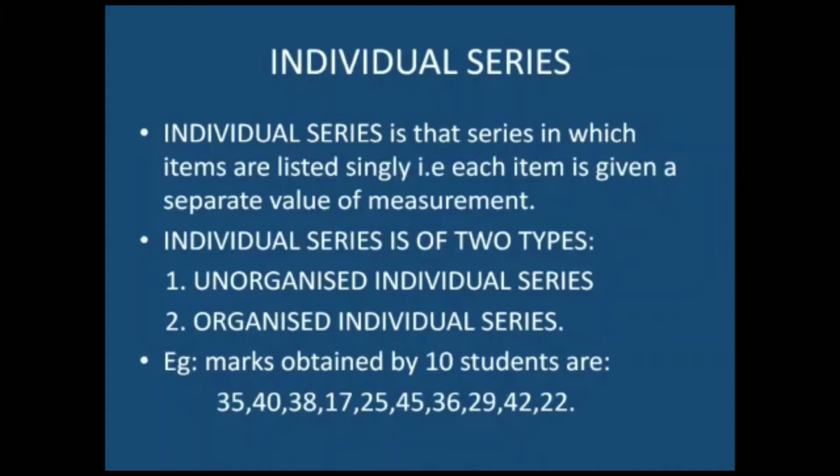See the first mark, that is 35, the second one, that is 40, the third one, that is again 38. First thing is, this is individual series. Only marks are given. Then these marks are also not arranged. They are neither in ascending order nor in descending order. So we can say this is unorganized individual series.